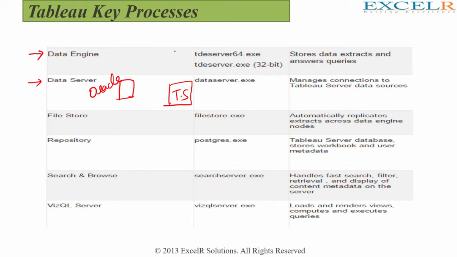Its load is generated by the browser. So if you have a web browser, say Google Chrome or Safari or Firefox, and you're trying to access the visualizations in your browser, that is when this data server process would get loaded.